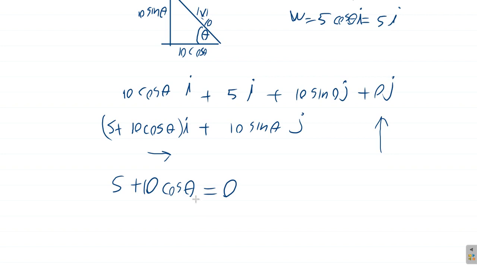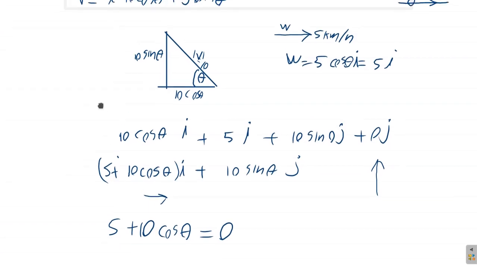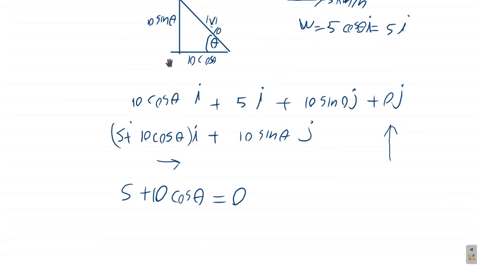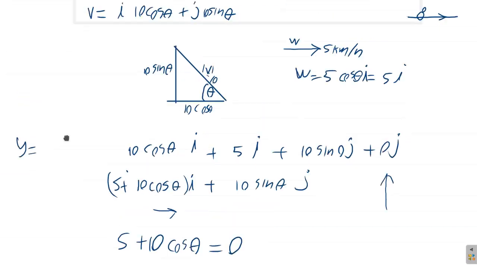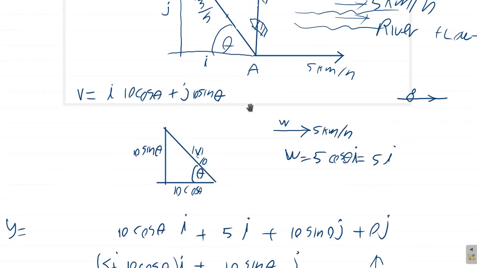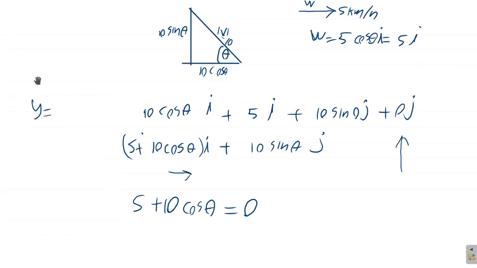Alright? And by the way, we can call this W. Call it Y. If you consider both vectors added together, the v and the w, Y equals v plus w.